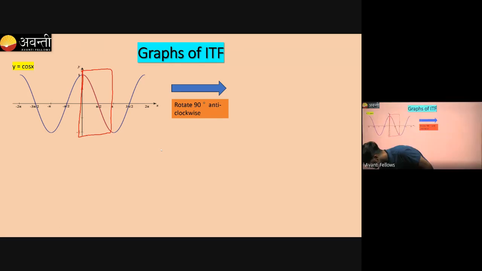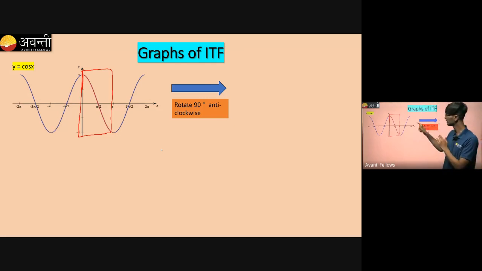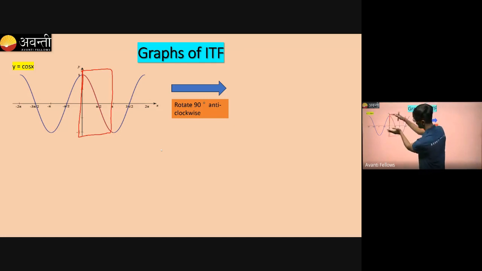One second, give me one second. Yeah. So if I rotate this 90 degrees anti-clockwise, have you done it in your book or have you imagined it? If I rotate it, how will it look?